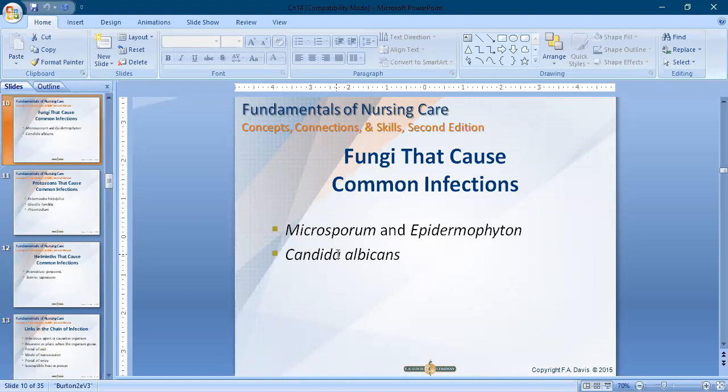What does it mean? It means the patient's immune system is not strong like yours. So when the immune system is not strong like yours, they are easily attacked by pathogens or viruses. And Candida or fungi also attack them and cause Candida albicans.